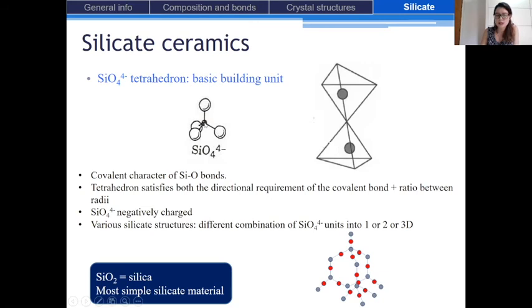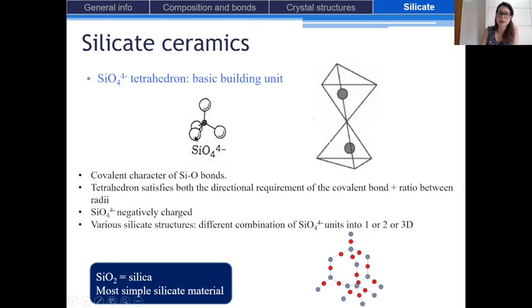If we consider silicon and oxygen and their difference of electronegativity, we will find that they have a covalent character, and so they form a covalent bond. The arrangement of these atoms respects the directional requirement of the covalent bond and the ratio between the radii of silicon and oxygen, and in fact it justifies this tetrahedron unit.